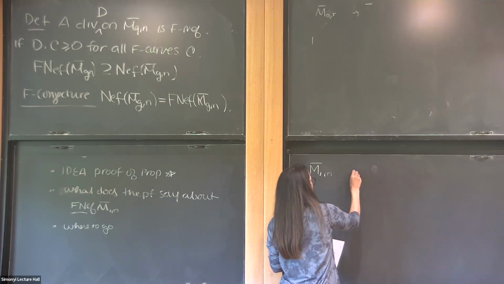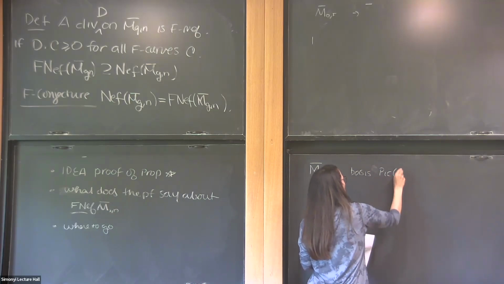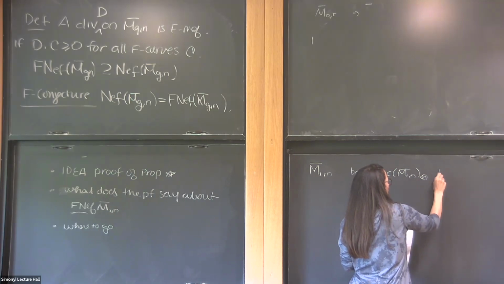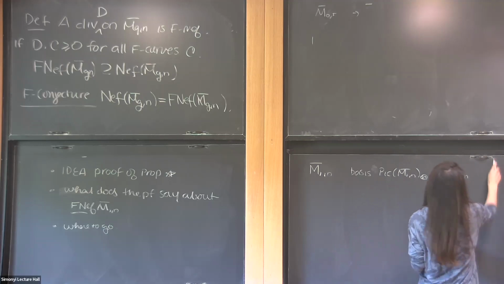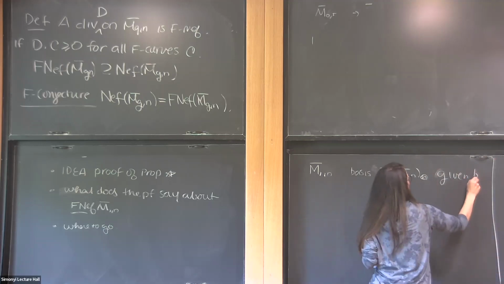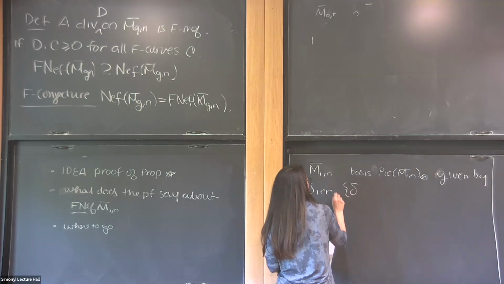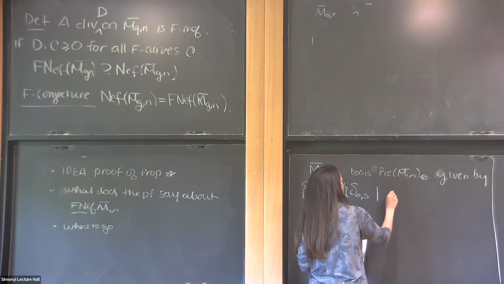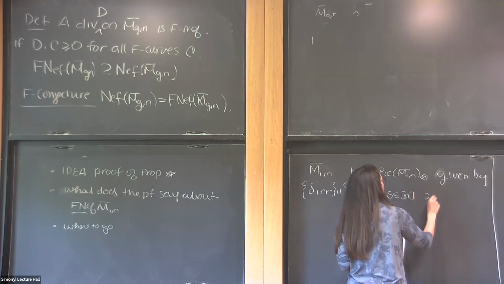We have actually a basis given by delta irreducible, and the set of boundary classes delta 0,S such that S is in the marked points and S has at least 2 elements.